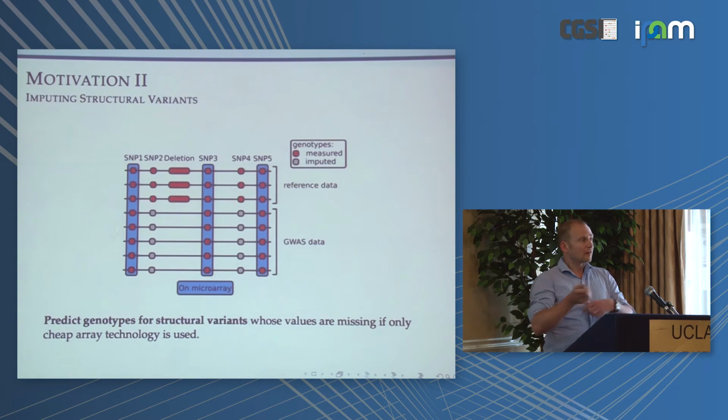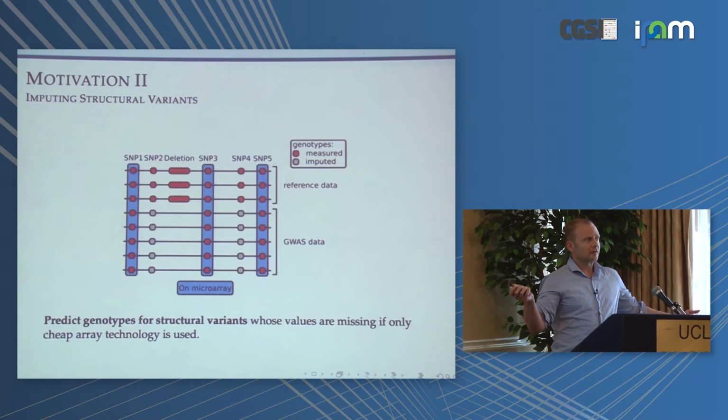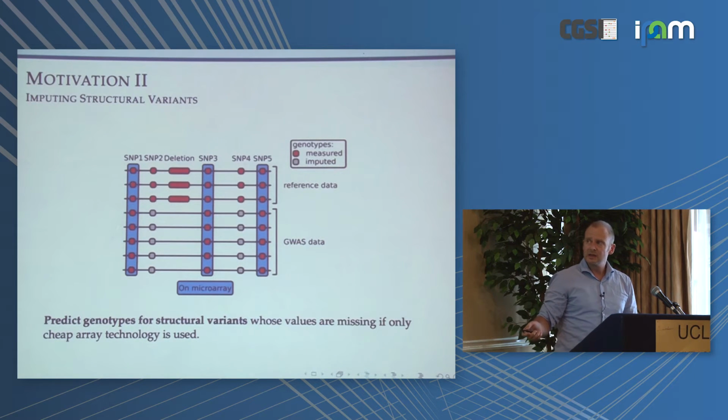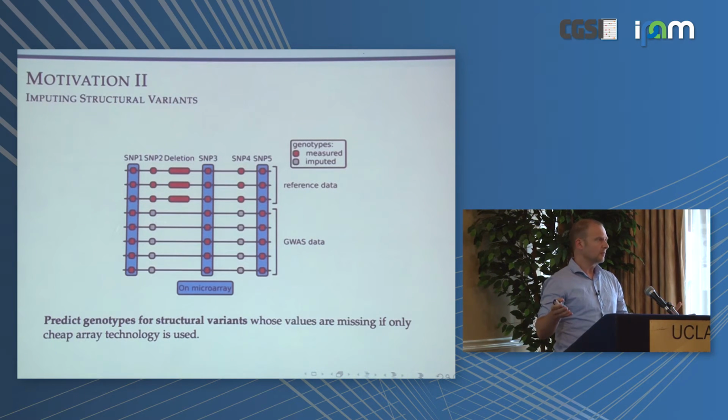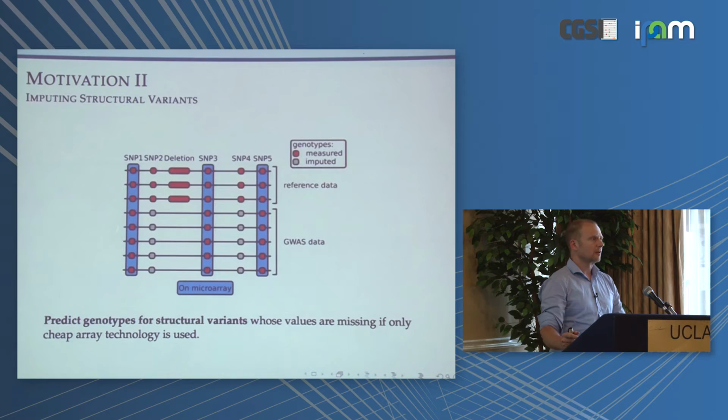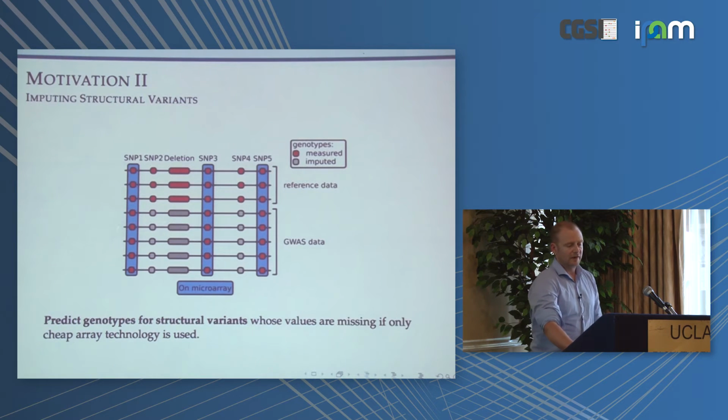When we have all the structural variants we discovered, we have them integrated in here. And then, given just the SNP status for the people of a cohort, cheaply evaluated by array technology, we can predict those missing structural variants. You really don't have to sequence any of them. And this works fairly well.